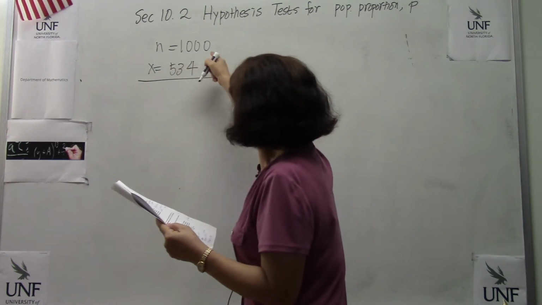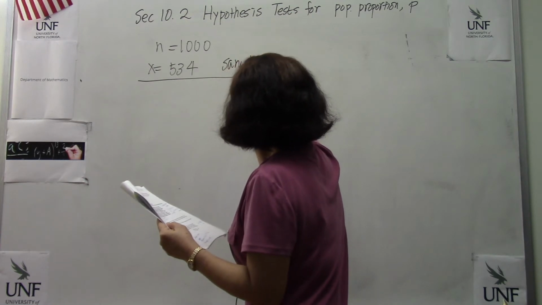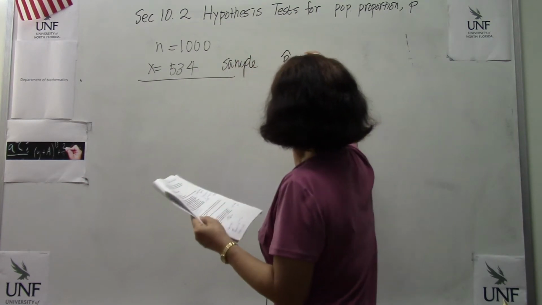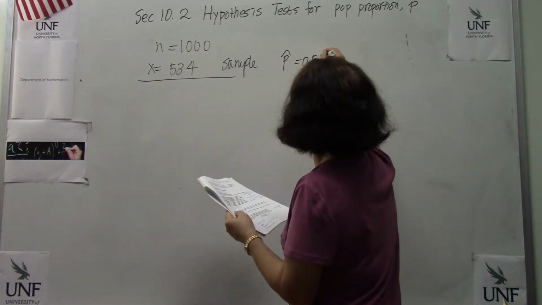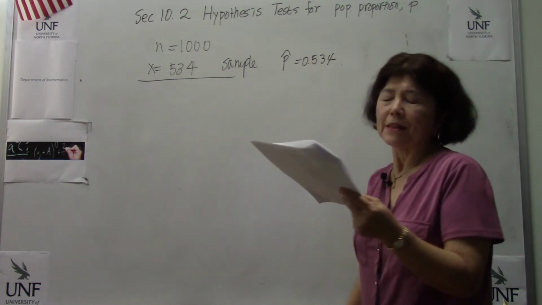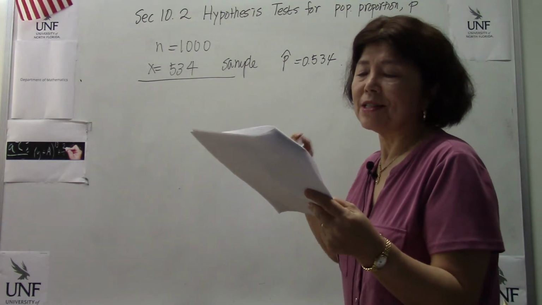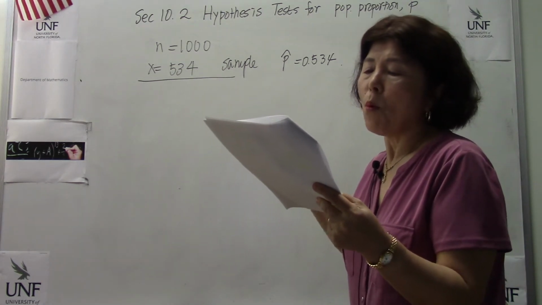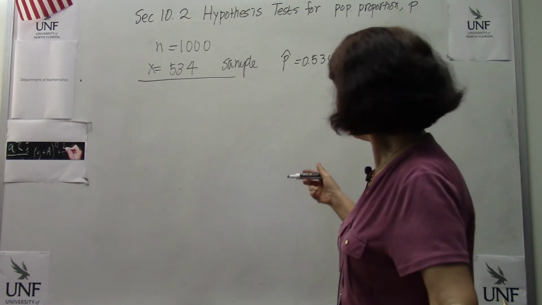This is a sample. We found that the sample proportion is 0.534. The next one I want you to underline: does this suggest that more than 50% of people favor the policy?